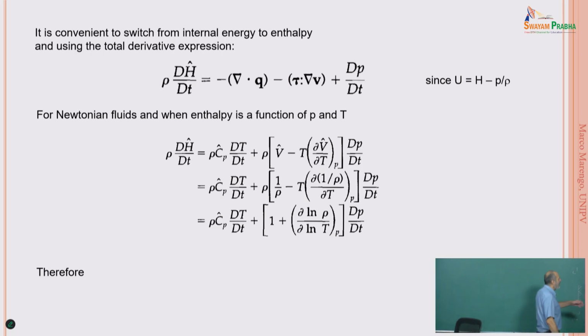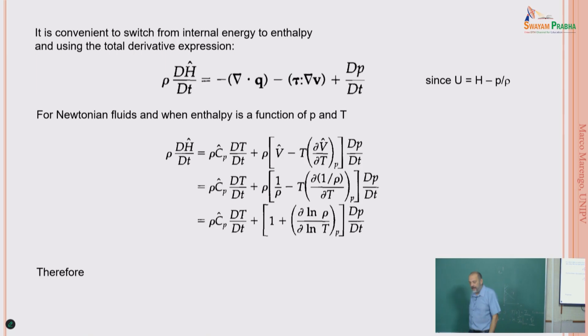Note that when we have Newtonian fluids, we can rewrite the expression considering also the variation of enthalpy with the pressure, as I said yesterday. So if you consider that, you land on this expression, which is quite interesting, because it says that rho times the total derivative of H is equal to rho Cp times the total derivative of the temperature with respect to time.